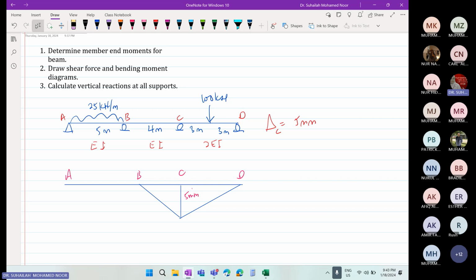Support settlement is given at point C, 5 mm, as shown at the bottom. Settlement relates with delta, so we must mark the triangular so that we can identify the FEM sign correctly.